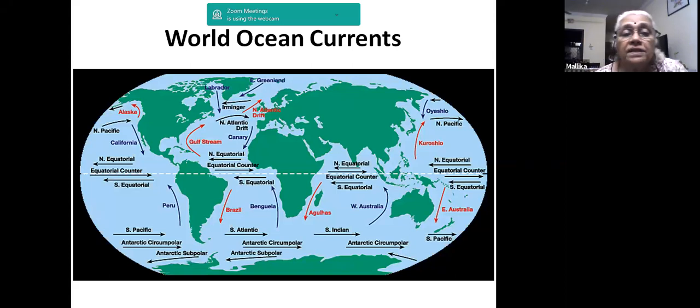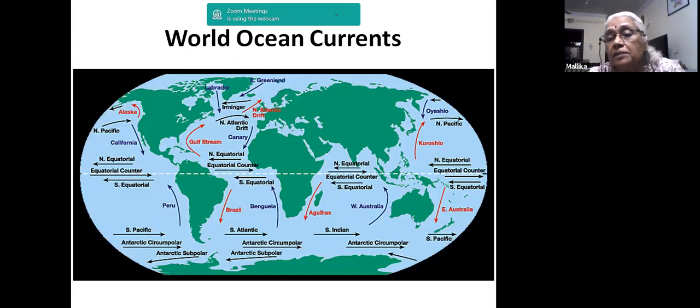But on the opposite coast of North America, you have the Alaska current, which is a continuation of the North Pacific drift, right? It is a warm current. Again, if you go to the extreme right side, you have the North Equatorial, and then you have the Kuroshio. So Kuroshio is the warm current flowing along Japan, and it meets a cold current called the Oyashio. Oyashio freezes the whole of the northern part there, which is Russia, right?